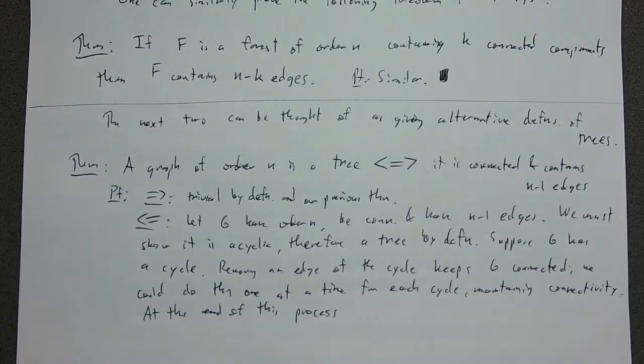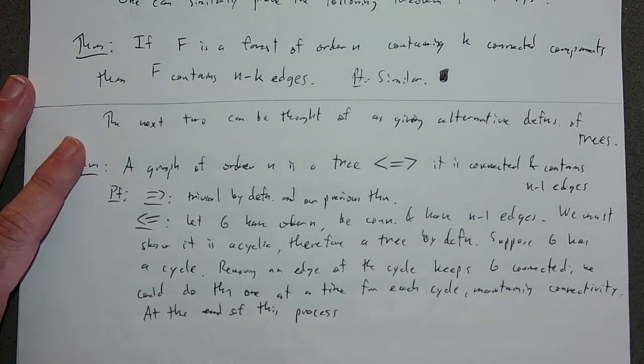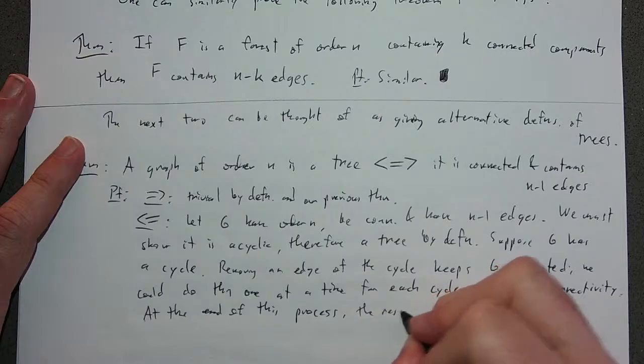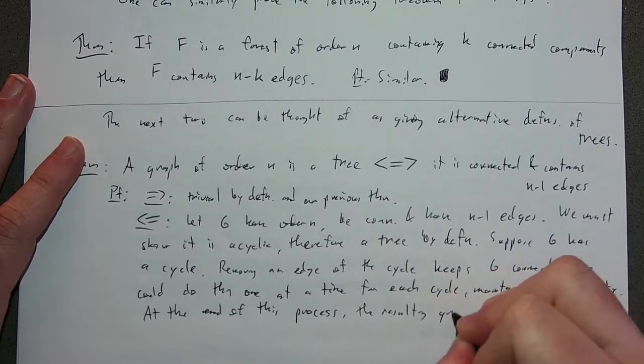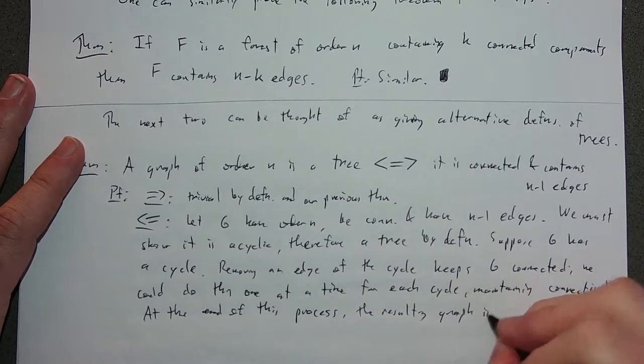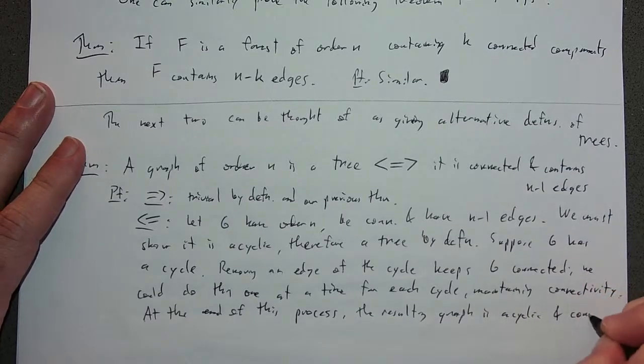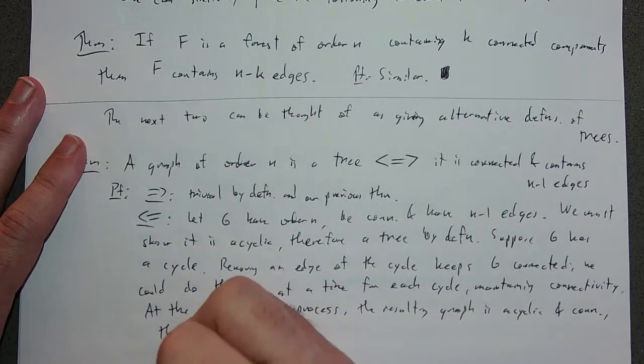I'm not going to have to remove infinite edges or anything. So there is an end of this process. At the end of this process, the resulting graph is acyclic and connected, therefore a tree.